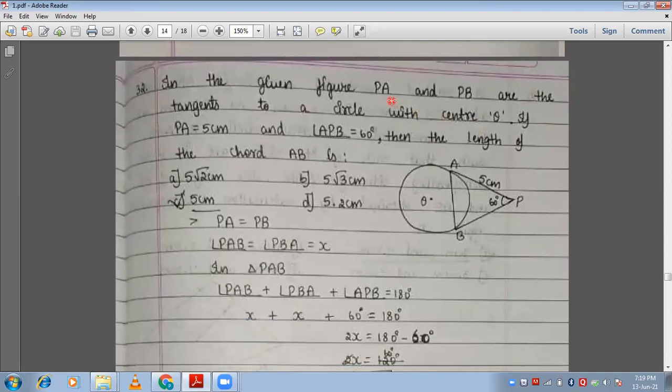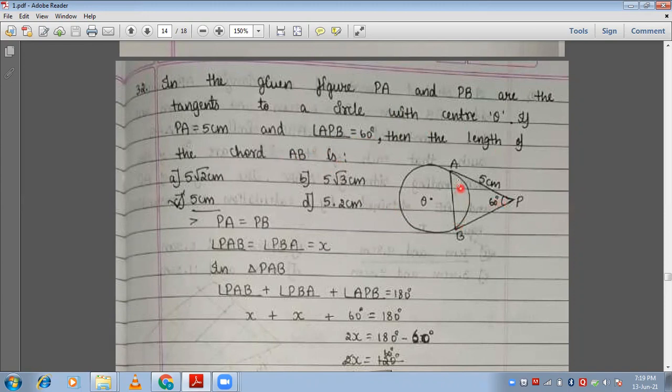In the given figure, PA and PB are tangents. Tangents from the external point are equal. So AP is equal to PB. If two sides are equal, then two angles are equal. Therefore, angle PAB is equal to angle PBA is equal to x. Now, the given angle APB is 60 degrees. Then the length of the chord AB is dash.